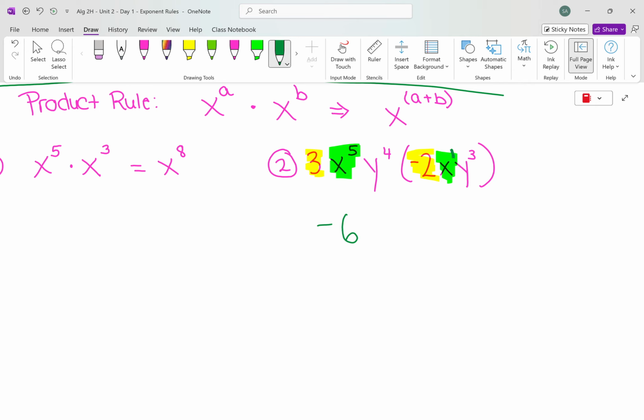When nothing's there, it's a 1. So x to the fifth times x to the first, we're going to keep our x and add the exponents. 5 plus 1 is 6, so it's x to the sixth. And then y to the fourth times y to the third is going to give us y to the seventh.